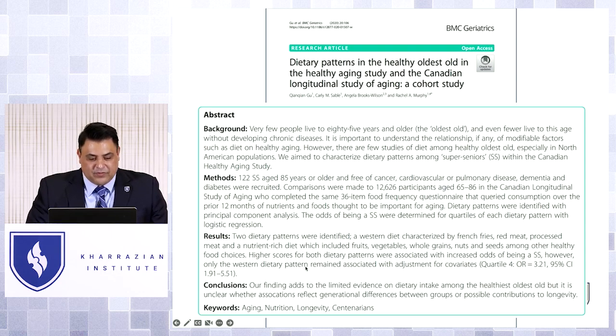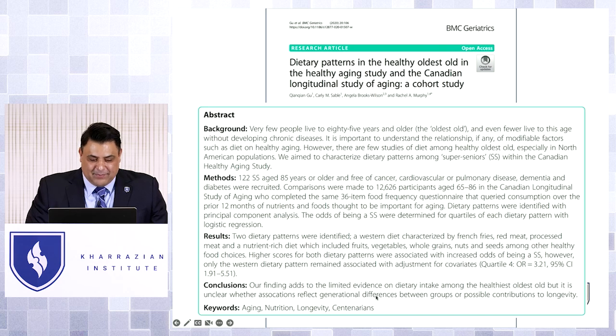However, only the Western diet pattern remained associated after adjustments for covariates. Do you know what they're saying? They're saying the people who had the Western diet were the super seniors in this study. The Western diet, the French fries, the meat, the rich foods, they did better, especially when adjusted for variables.